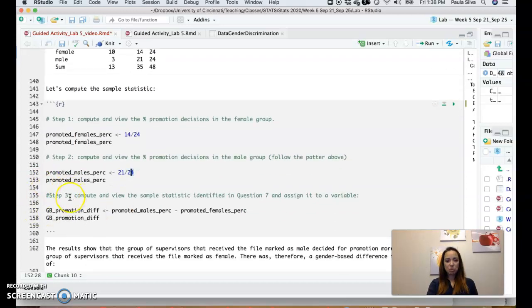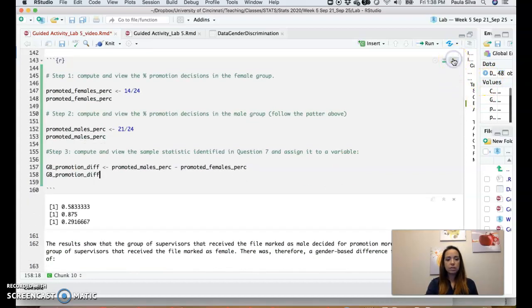In step number 3, I am computing the difference between promoted males and promoted females. If I have a positive number, that means there are more promoted males than females, and that would be consistent with a bias against females. If I have a negative number, then it would be consistent with a bias against males.